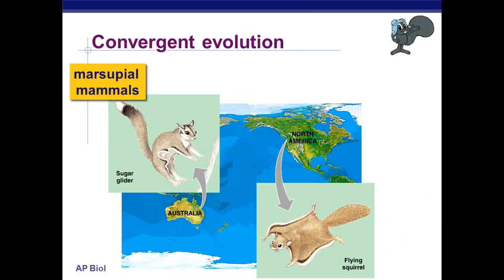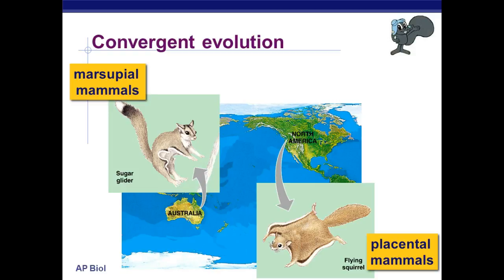We see convergent evolution if we compare the mammals of Australia to the mammals of North America. The native mammals of Australia are all marsupials. The native mammals of North America, with just one exception, are placental mammals. Marsupials give birth to an underformed embryonic offspring, which then is nurtured in a pouch outside the mother's body.